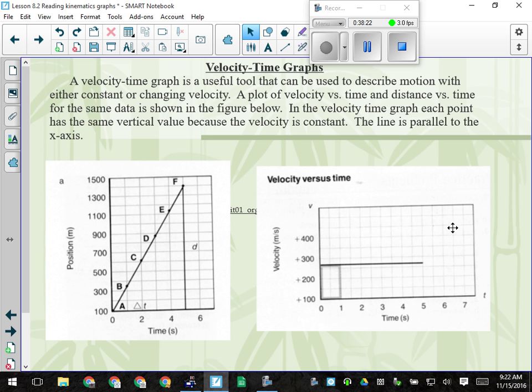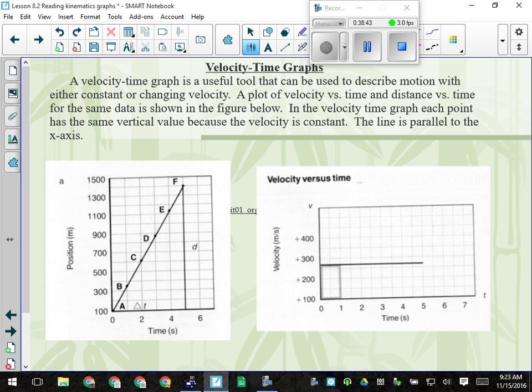V equals d over t, which will indirectly be the slope of this line. So that'll be 1400 minus 100. The rise of this graph will be y minus b. The y-intercept is 100. So 1400 minus 100 over x, which is 5.